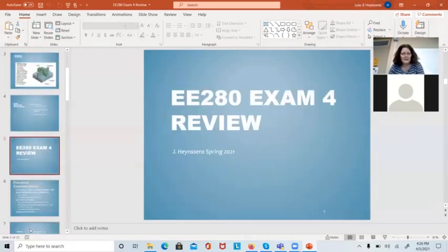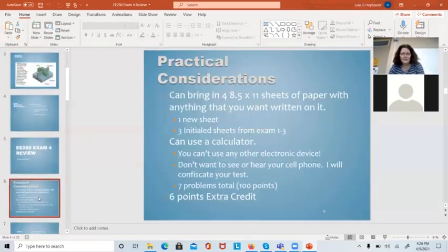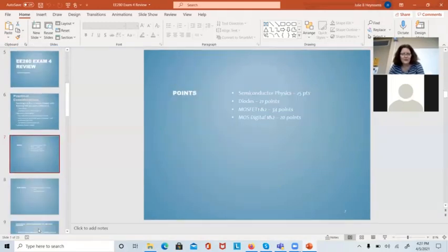Okay, and it is exam 4. This is the second part of the exam, and I already said that. So the point breakdown on the exam: there's 25 points for semiconductor physics, diodes 21 points, and some of that is kind of physicsy.